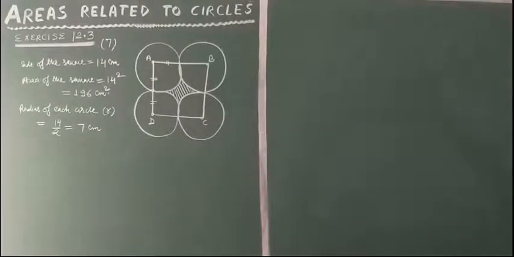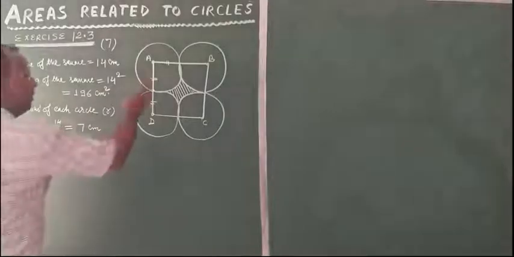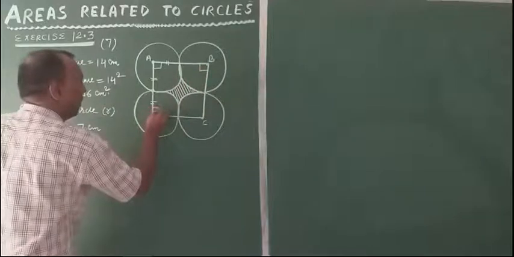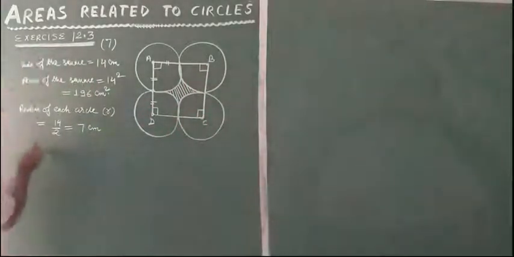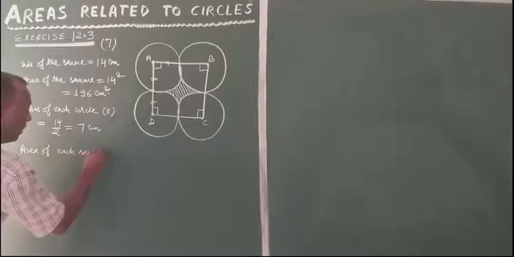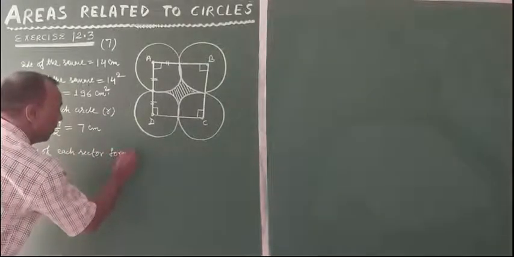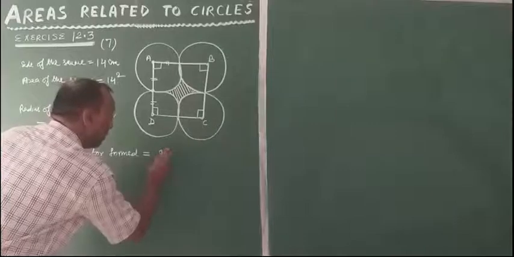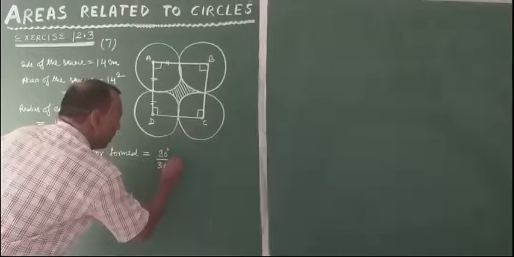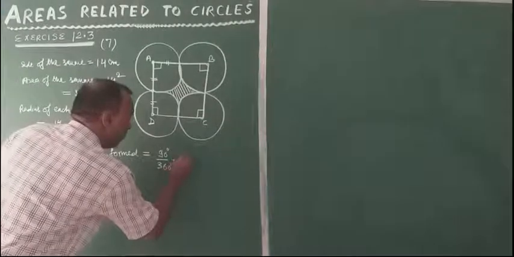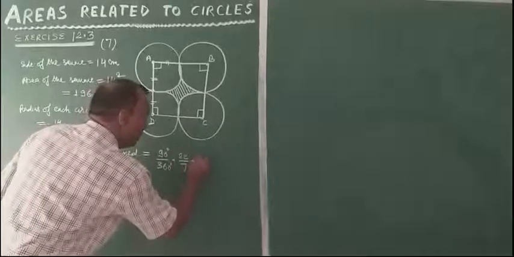Now these are the sectors formed, 90 degree. Area of each sector formed, that will be, what is the sector angle here? 90 upon 360 into pi r square. 22 upon 7 into 7 square.